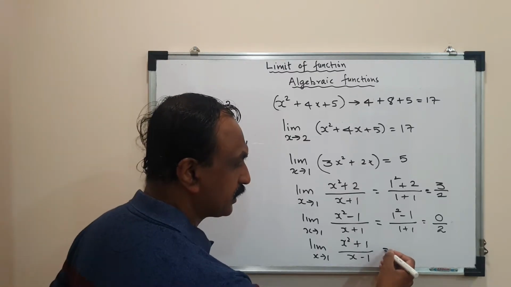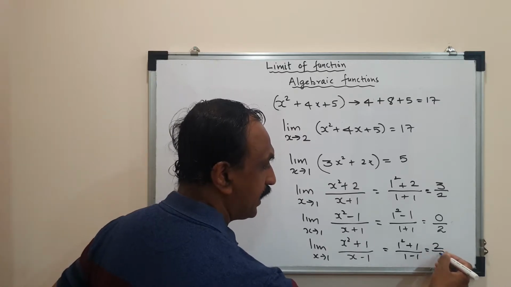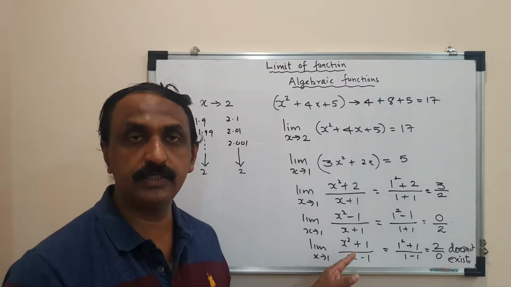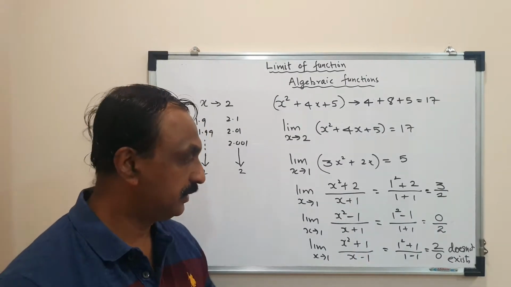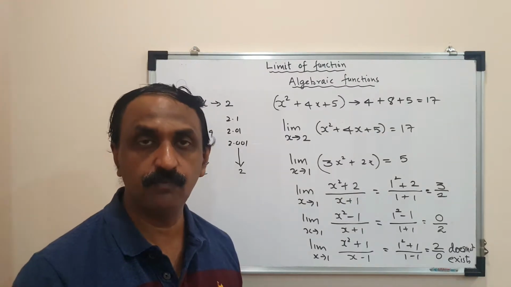Here what you notice is the denominator will become 0 and hence we say the limit does not exist. Such a function does not come closer to any particular number. So the limit of that function does not exist. We will be dealing with this further.